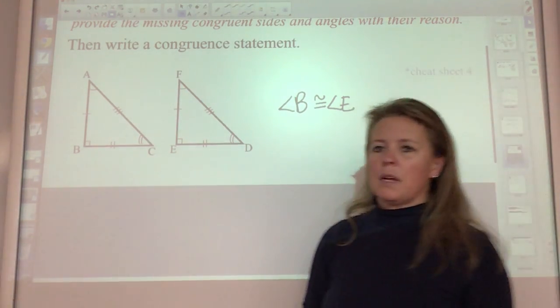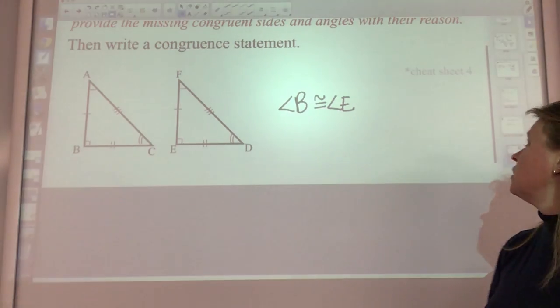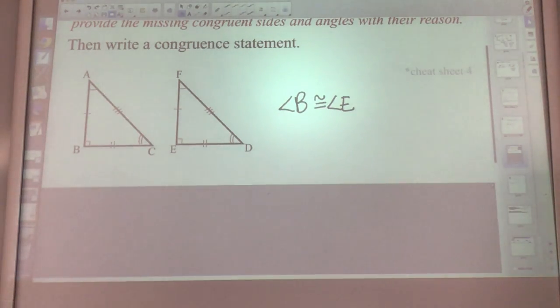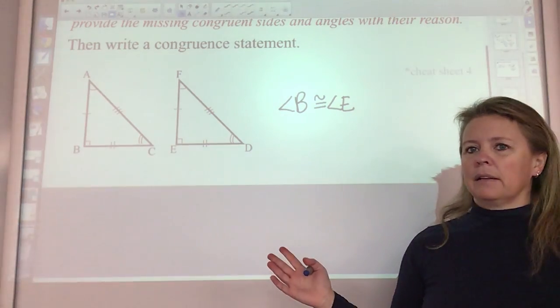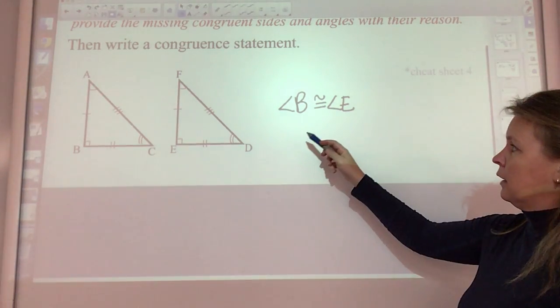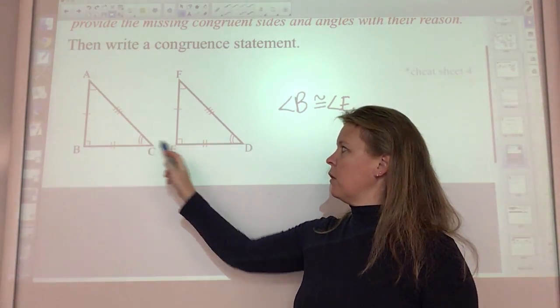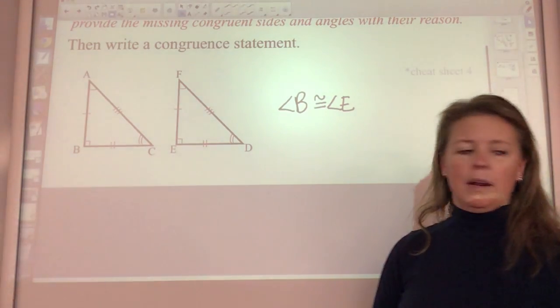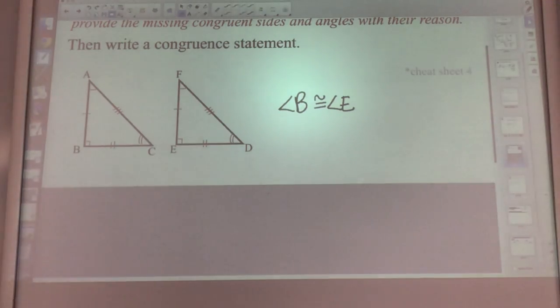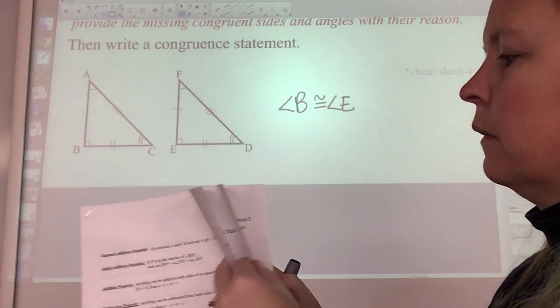Why is angle B congruent to angle E? Look it up on your cheat sheet. All right, I'm back. You found it. If you look at cheat sheet 4, it says something about right angles. I'm going to put it right here in front of you.